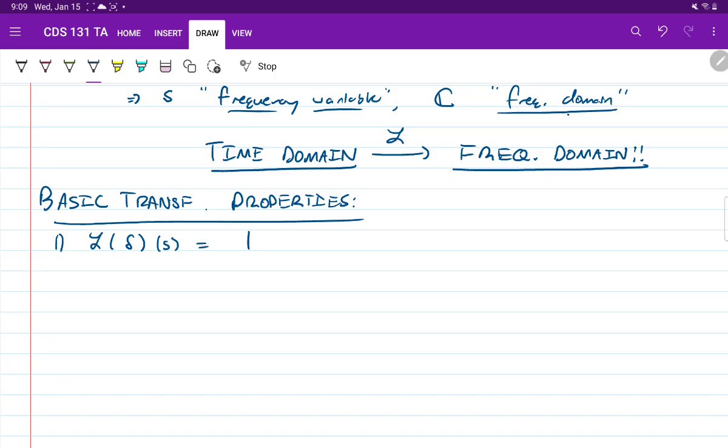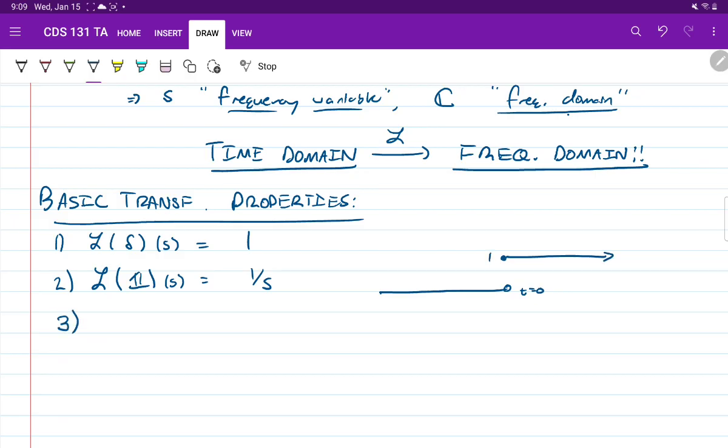So the Laplace transform of delta is just 1. Super simple. Second, if we take the Laplace transform of the step function, which is 0 for t less than 0 and 1 for t greater than or equal to 0, this is equal to 1 over s. Just to clarify, this is the function that jumps up at time t equals 0 to a value of 1.